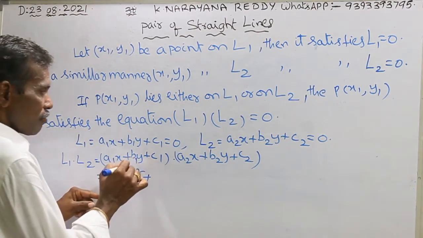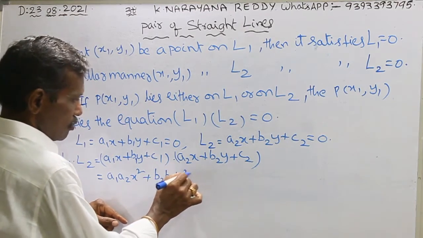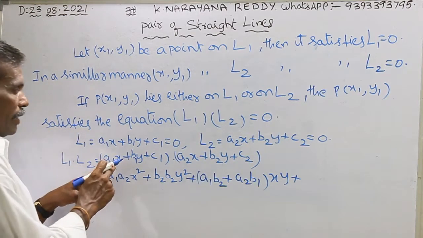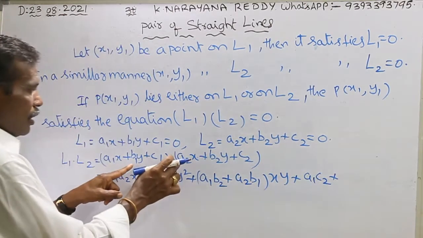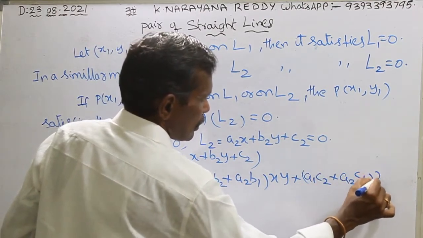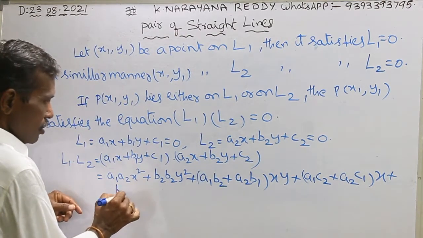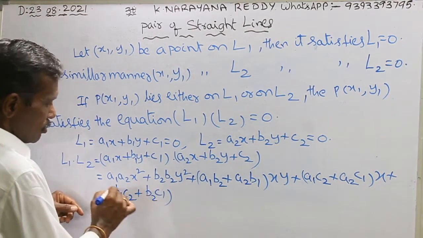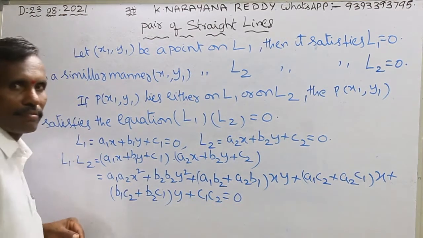Next, B1B2 y square. Yes, this is a second degree equation. Then (A1C2 plus A2C1) x plus, next, (B1C2 plus B2C1) y plus the constant C1C2 equals 0.